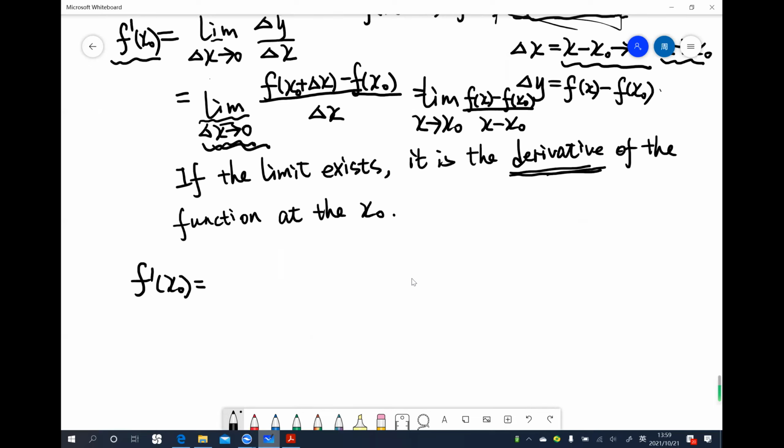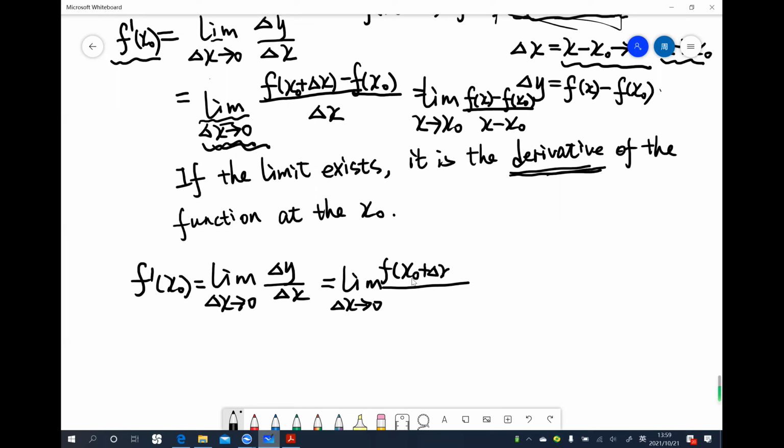We have three expressions. The first: as delta x approaches 0, delta y over delta x. The second: as delta x approaches 0, f of x0 plus delta x minus f of x0 over delta x.